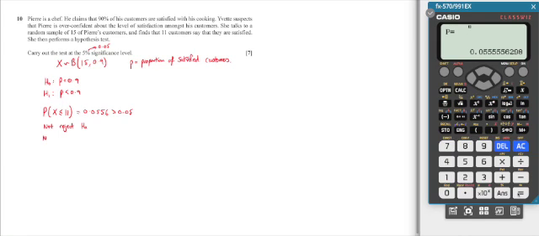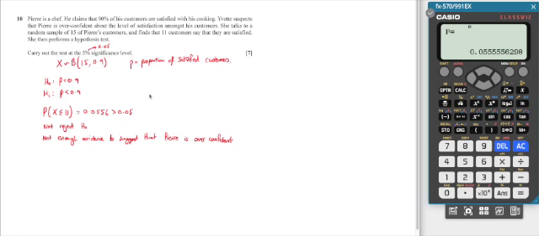There is not enough evidence to suggest that Pierre is overconfident. That's a really easy 7 marks, making sure we define what p is. So 1, 2, 3, 4, 5, 6, and 7. Nice, easy 7 marks.